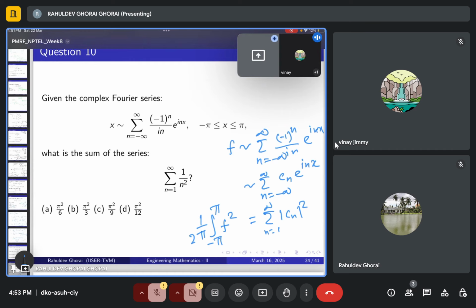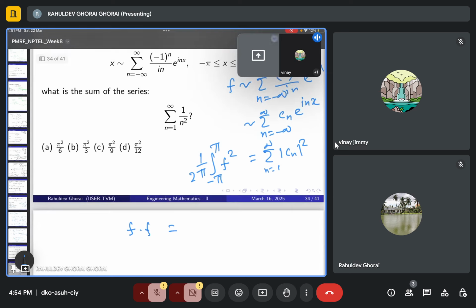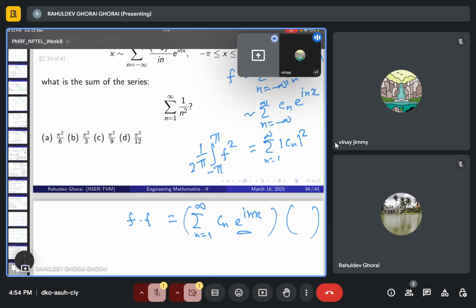So when you multiply f with f, it will be the summation n equal to 1 to infinity c n e to the power i n x times the same thing, but this e to the power i n x is nothing but cos nx plus i sin nx. When you multiply with sine, that will be 0, and you are only remaining with cos square plus sine square, that will be giving you 1.